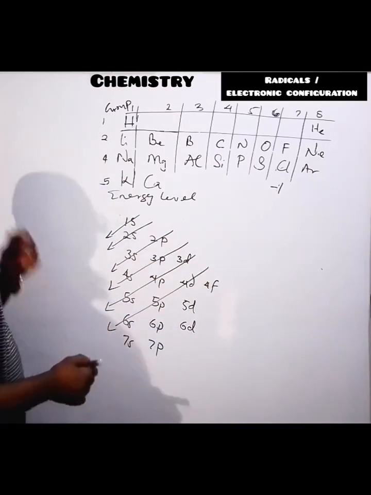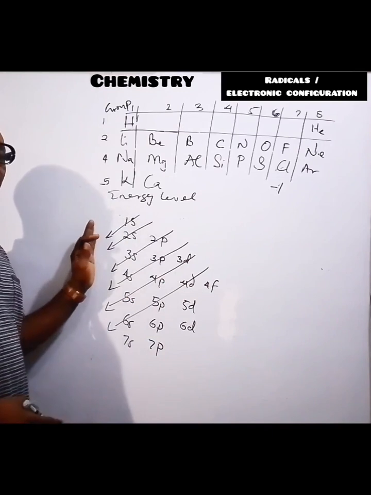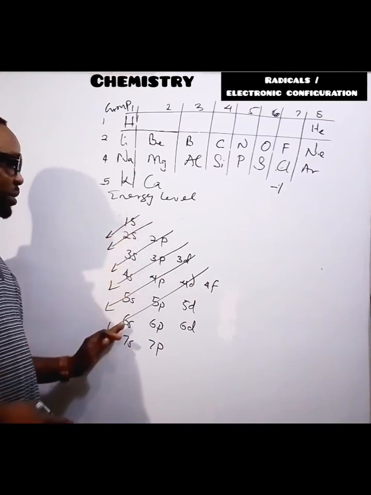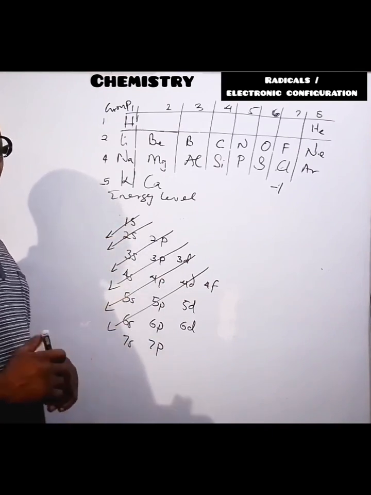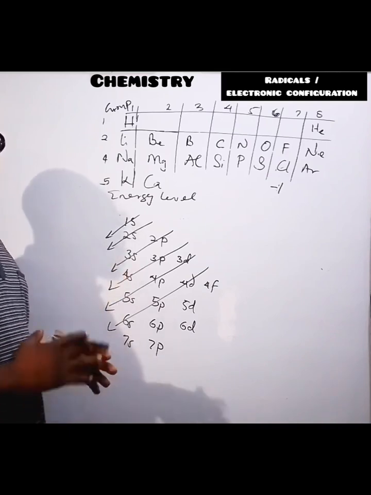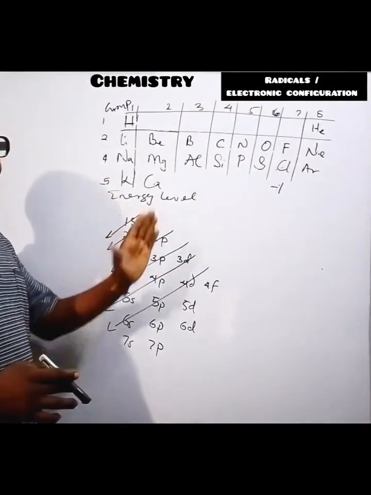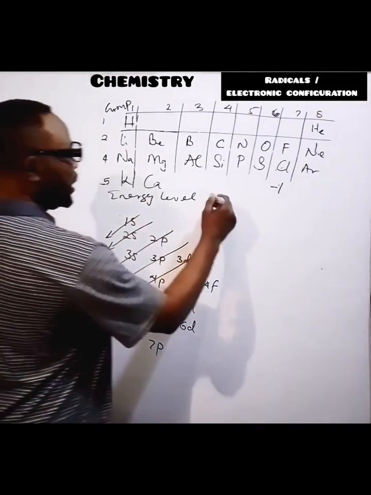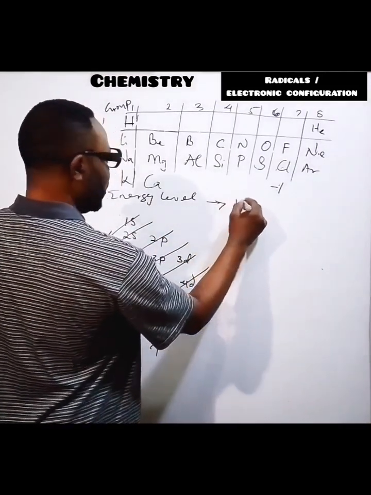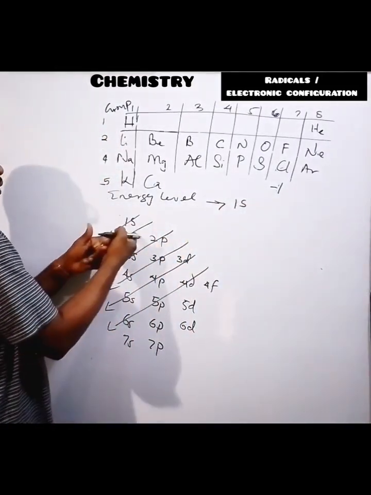Let me stop it here. This is the arrangement of the energy level, and I can use this drawing, as I've drawn it myself, to do the energy level order appropriately. I can now have it in this form to be 1s. You can see the arrow comes down to follow by what next?